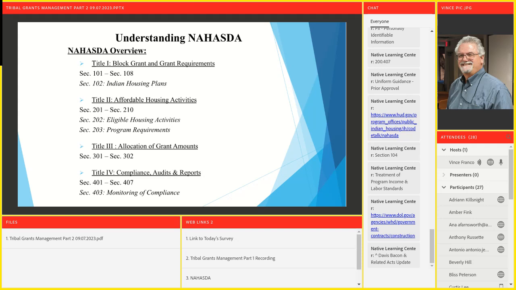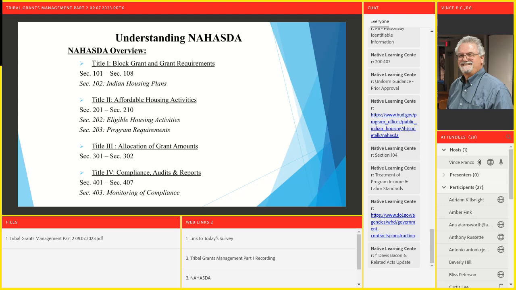And I'm hoping that once you go through this, you'll have a better understanding how to navigate and how to interpret some of these, in this case, legislative directives that created ONAP, that created the Indian Housing Block Grant Fund, and most of the requirements that come with it. Right? So that's affordable housing. It is worth the read.